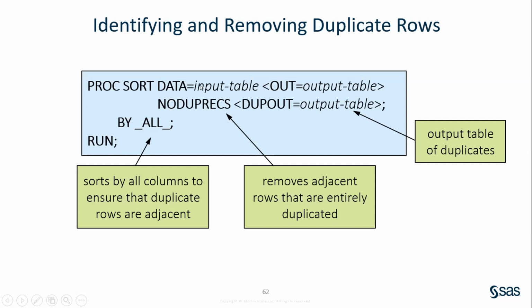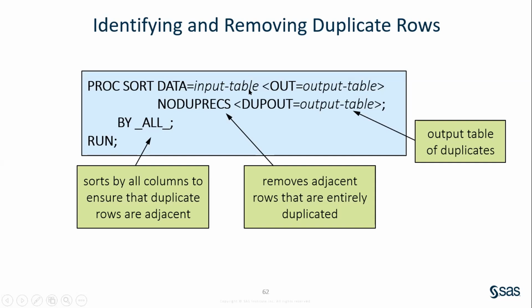That means you are going to sort your input data and create a new data set which will be sorted. At the same time, you're asking SAS for no duplicate records. That means remove any duplicate values from your input data, and with the option DUPOUT, create an output table which will save the duplicate rows to a new table. And when you're writing NODUPRECS, you use the keyword _ALL_.